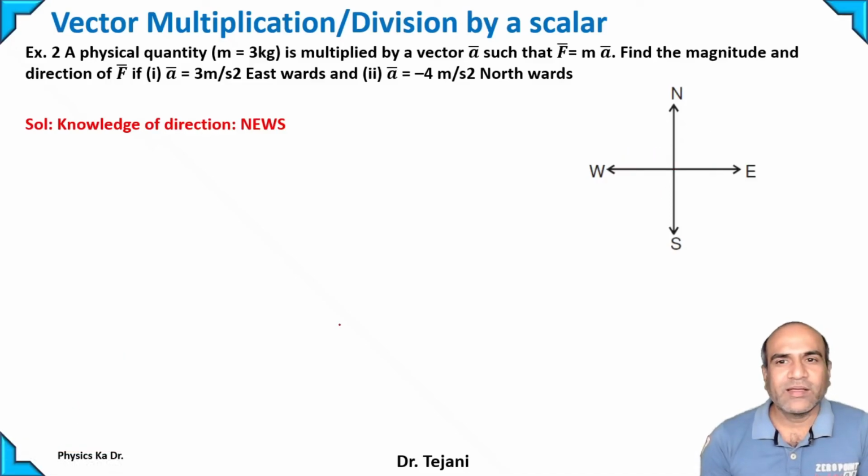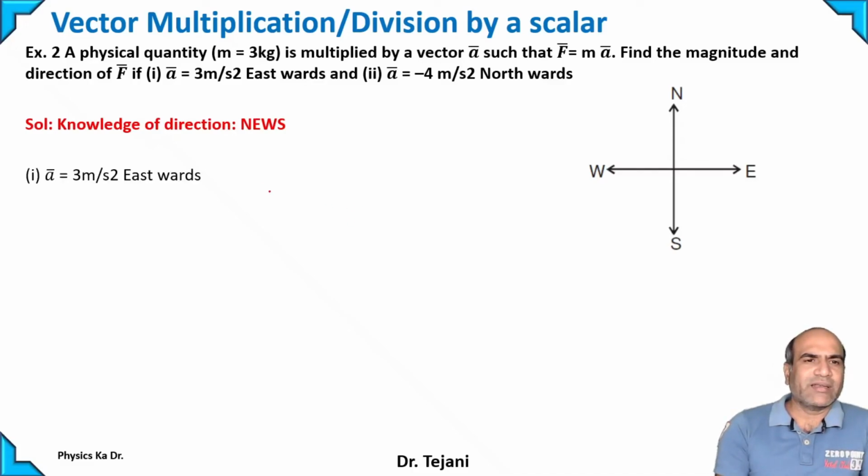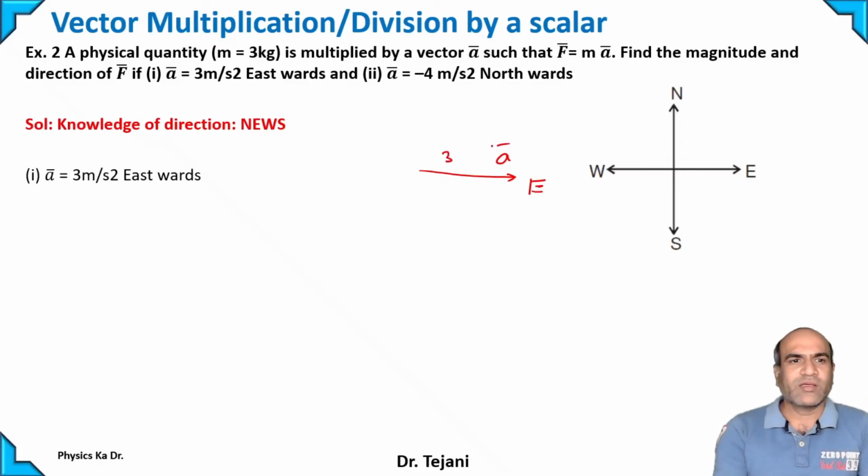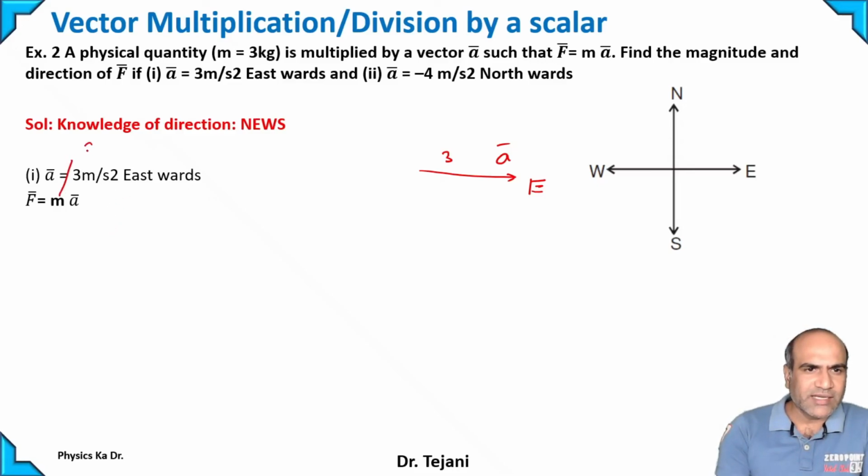So the question is like that, a bar is going towards the east. So this is a bar towards east, and that is the value of a bar. You can take 3 as the magnitude. And we know the equation F is equal to mass multiplied by acceleration. Mass is a scalar quantity, a is the acceleration, a vector quantity.